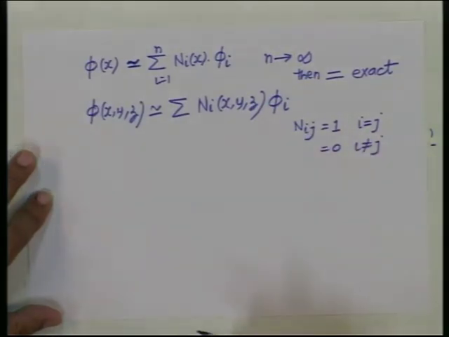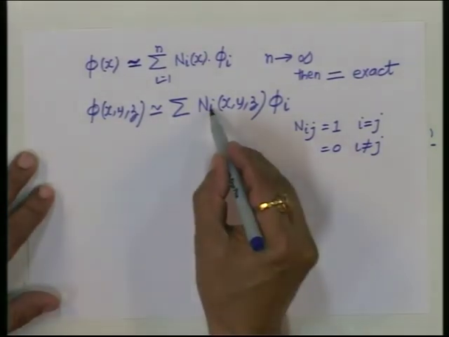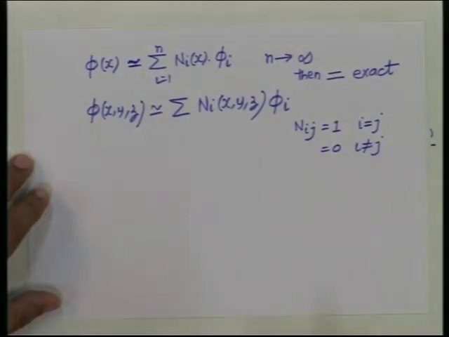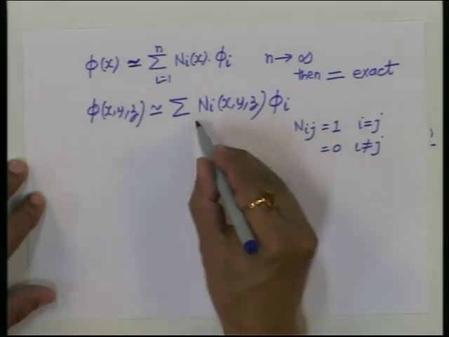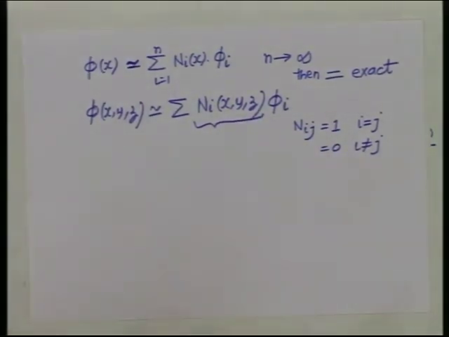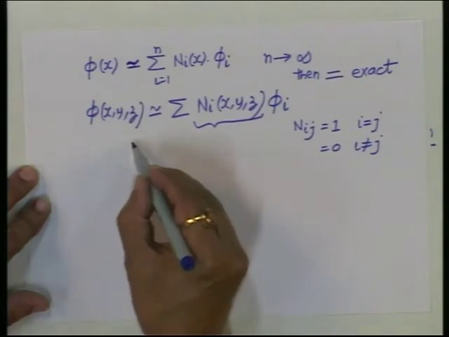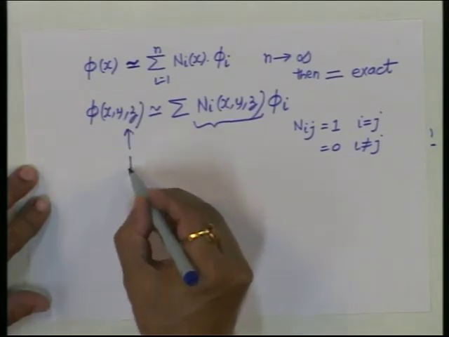Here, of course, i and j have to be suitably introduced, but we are using only one subscript. If this is the property, then these functions are easily constructed, because they represent some kind of shape, and this is to the credit of Ritz.